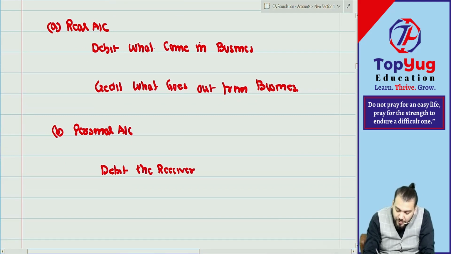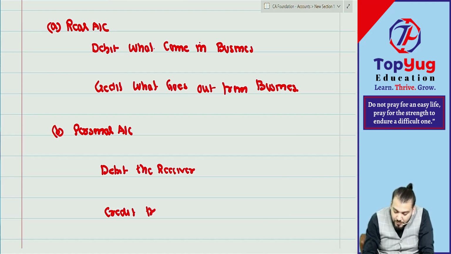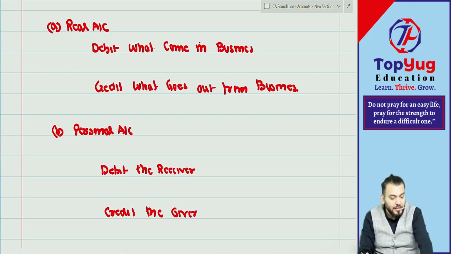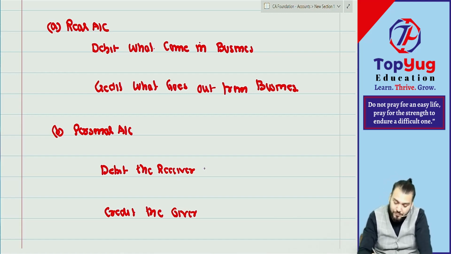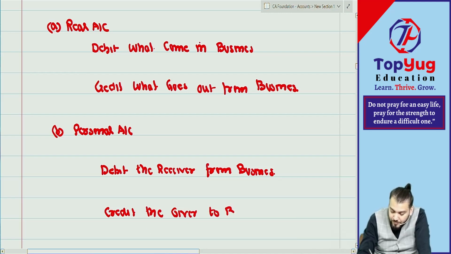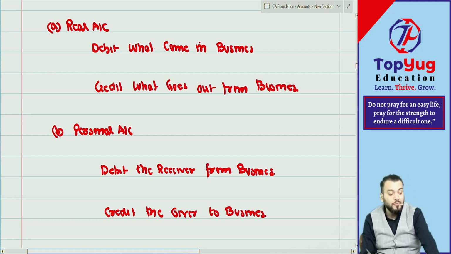Debit the receiver, credit the giver. Debit the receiver from whom? From business. And credit the giver to whom? To business. So we need to find out who is the receiver from business, who is the giver to business.